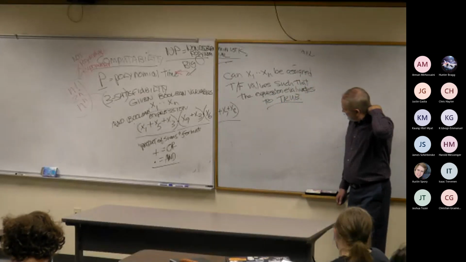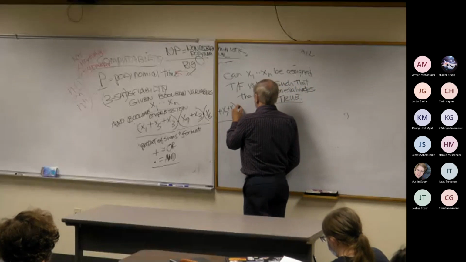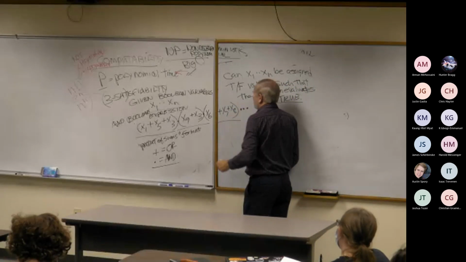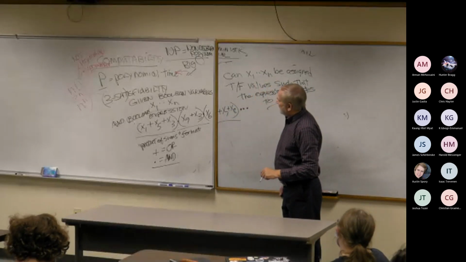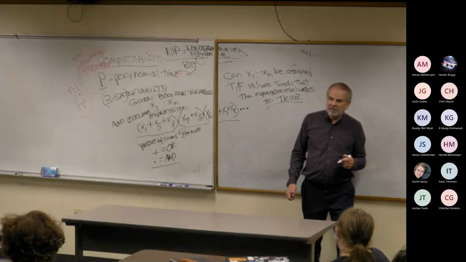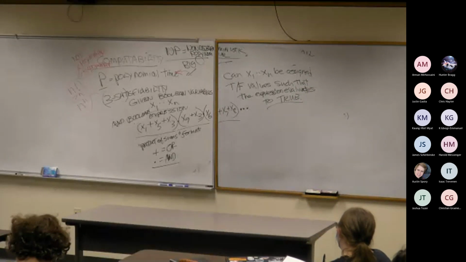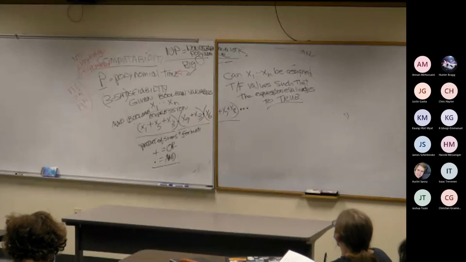Right, so can we satisfy the expression, meaning, and this could go on, can we plug in true false values for each of the variables x1 through xn such that the result of that whole Boolean expression comes out to be true.